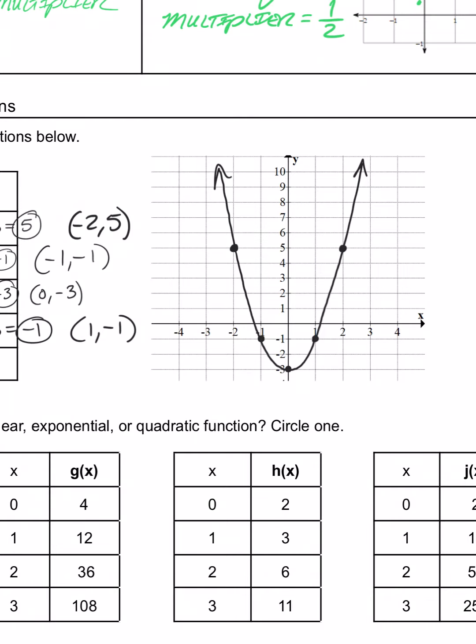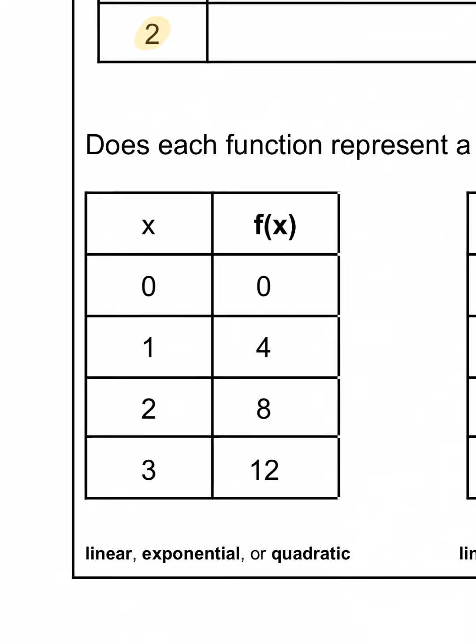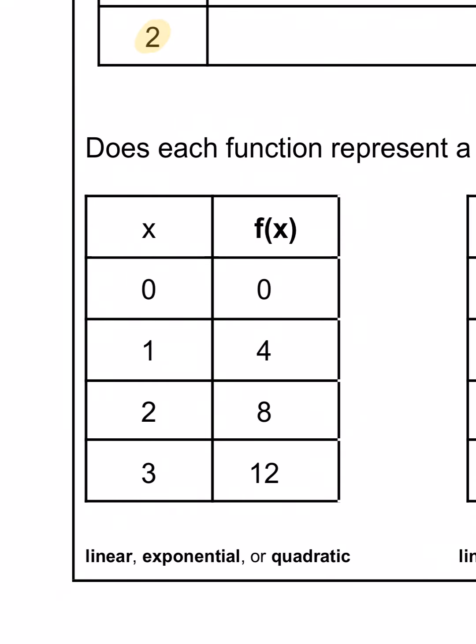Now, besides graphing a parabola, we also have to look at tables and determine what each function represents. It could be a linear function, it could be an exponential function, or it could be quadratic. The difference is this.